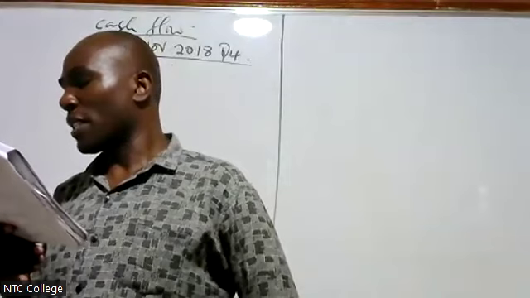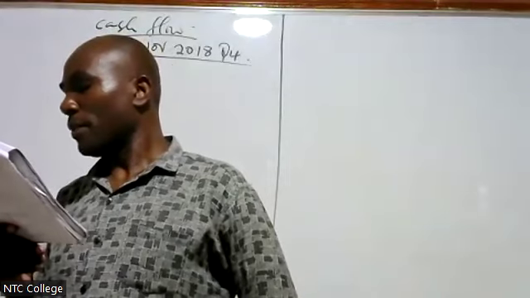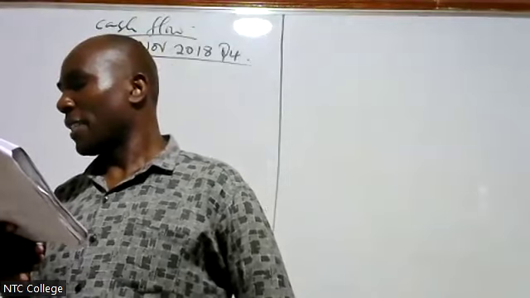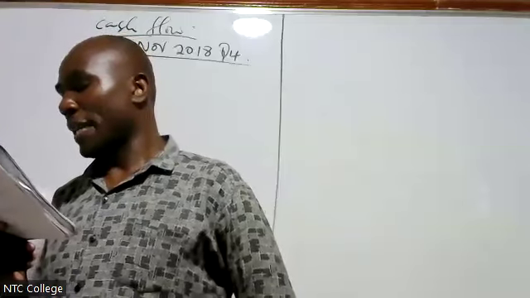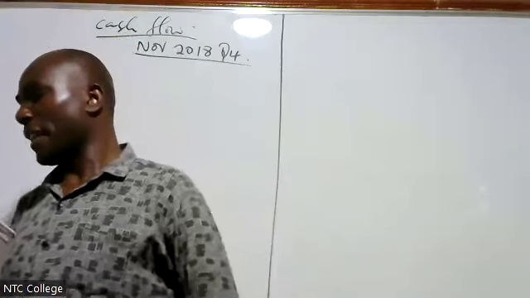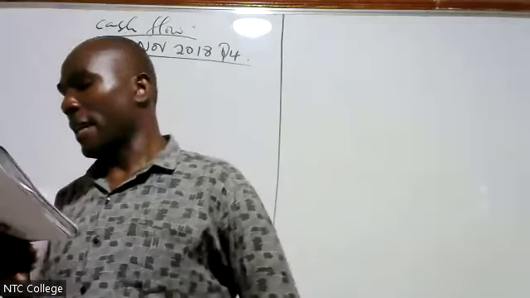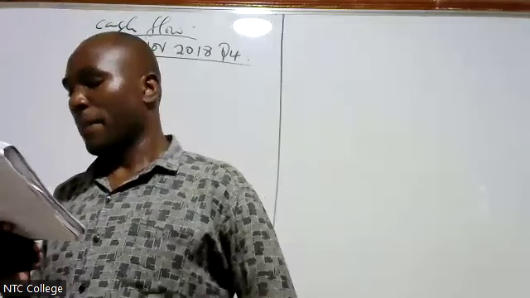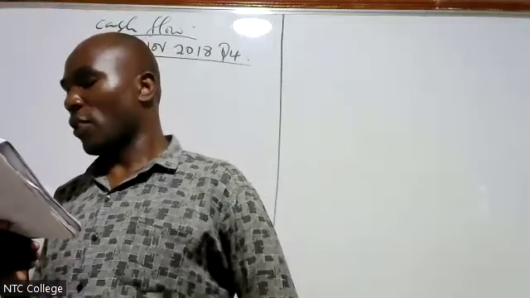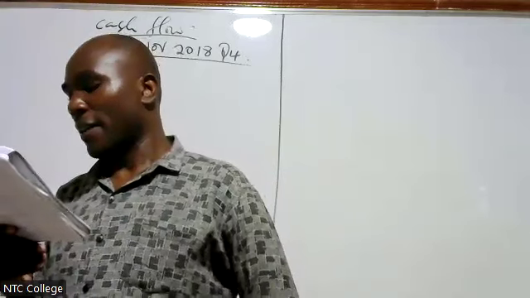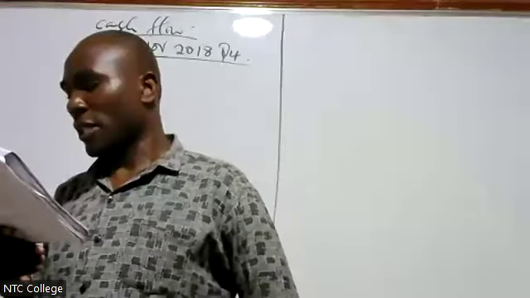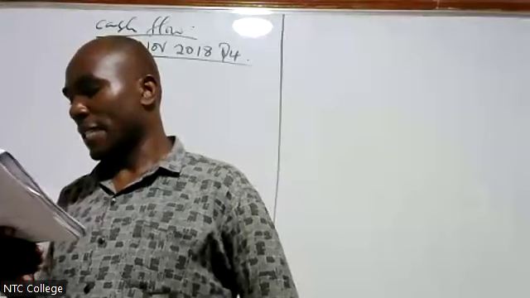The par value was 3 million, but they were issued at a discount of 100 million. The effective rate of interest is 7%. Then number 9, current liabilities comprise the following: trade payables, obligation under finance lease, corporation tax, accrued interest.